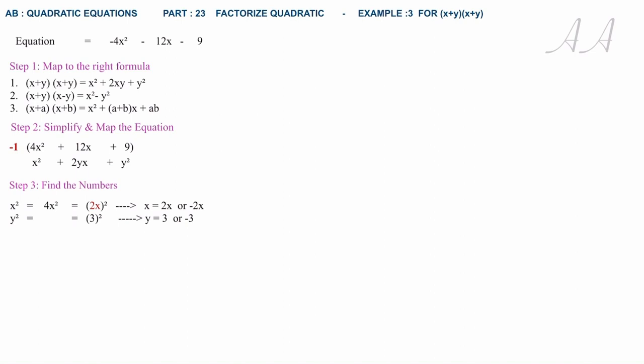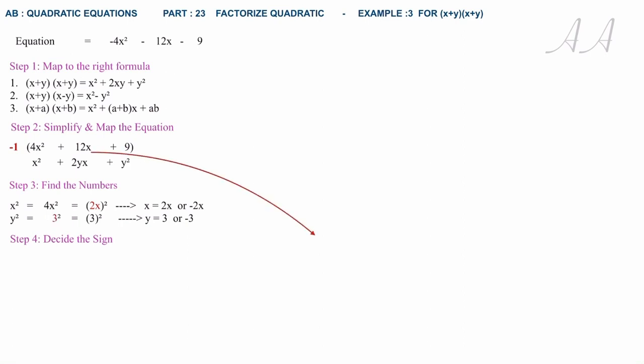But to get to the other side, you need x and y, not x squared and y squared. So we'll do the square root. The square root of 4x squared is 2x, and the square root of 9 is 3. So x can be 2x or negative 2x, and y could be 3 or negative 3.